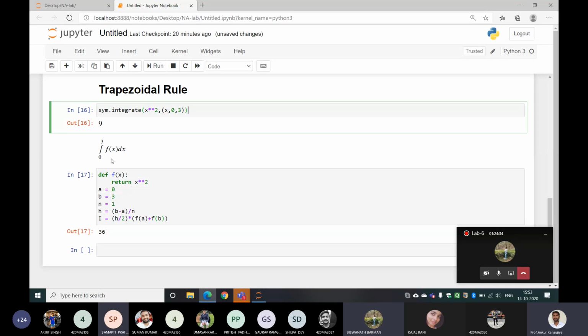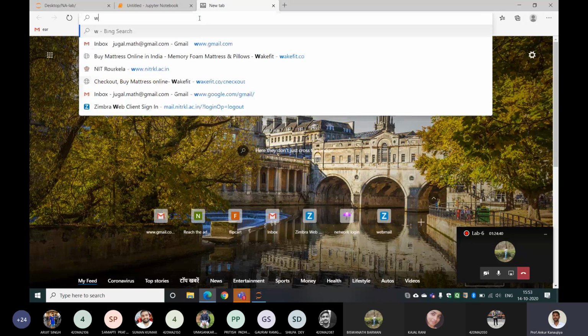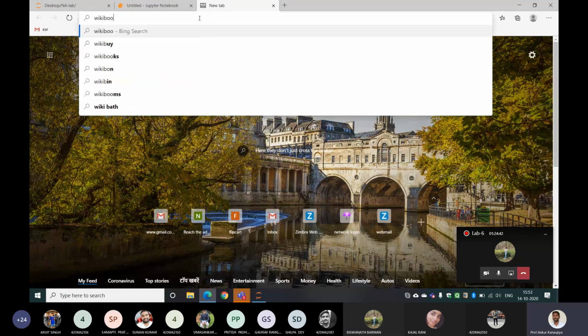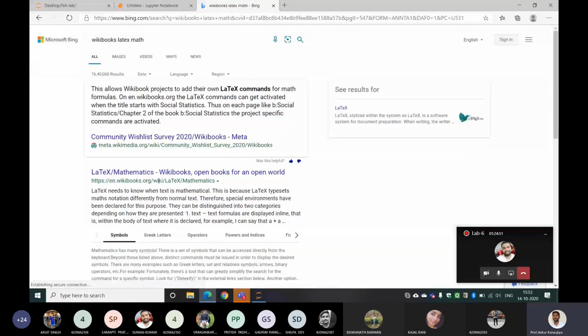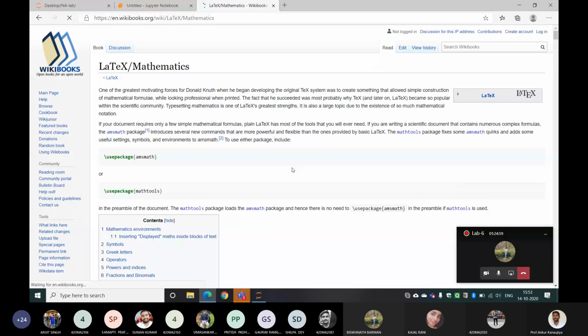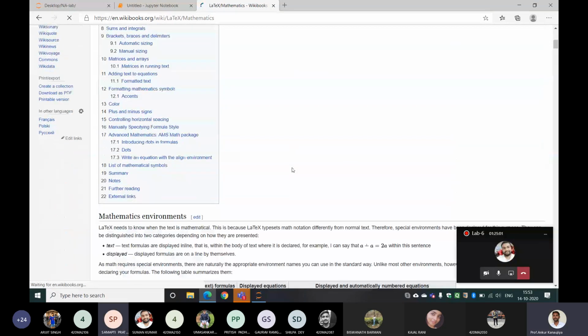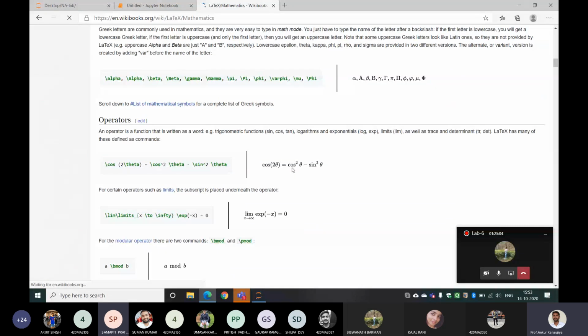Online, you can search on Google. I will show you here. You just go to Wikibooks, you know Wikipedia, and search Wikibooks LaTeX math. So you will get this page. Maximum mathematics you will get here. If you want alpha, beta, gamma, you have to write this.